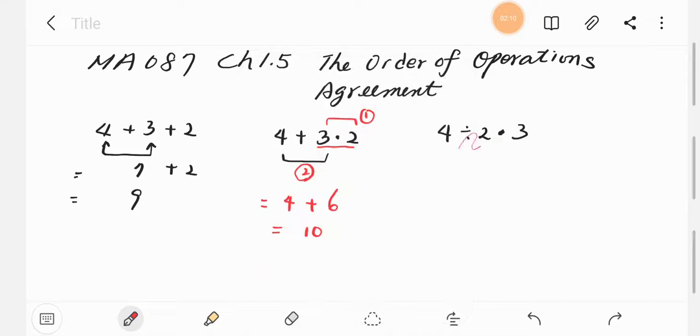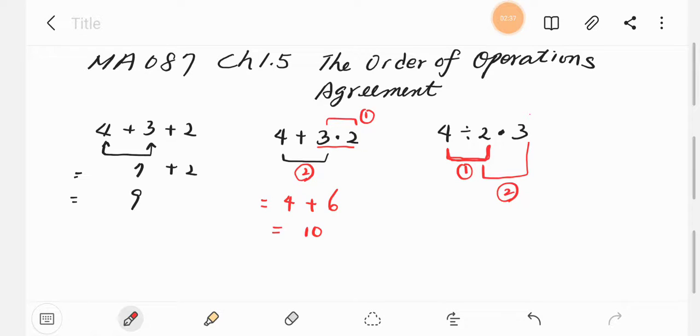Should we do the division and then multiplication? Which one do we do first? Multiplication first? No, actually we do from left to right. The first one is the division, the second part is the multiplication.